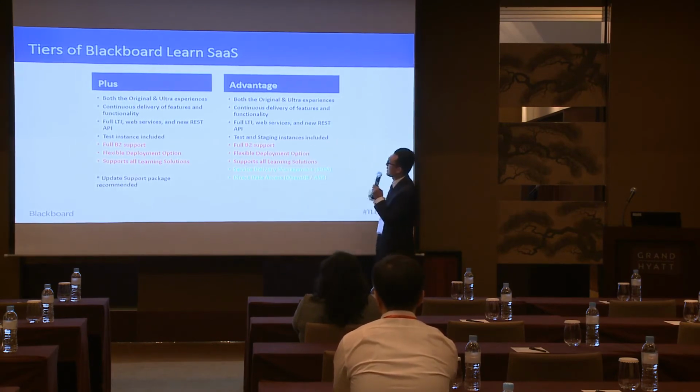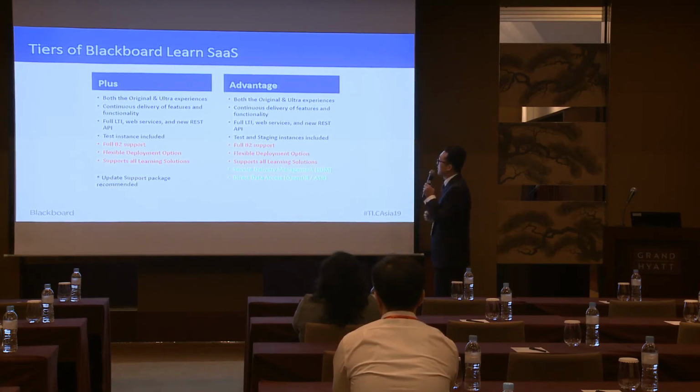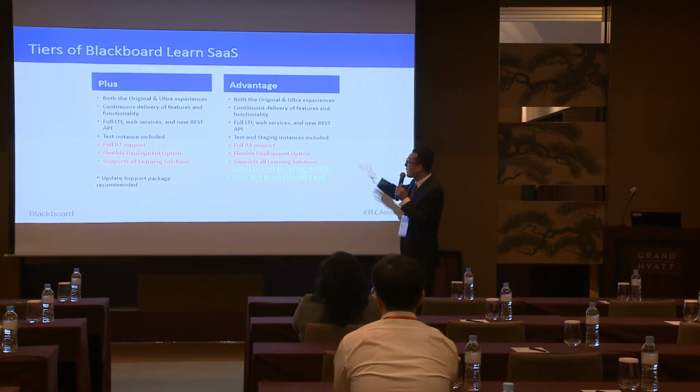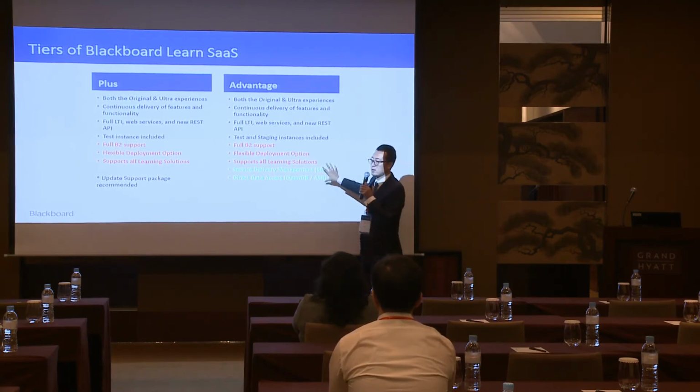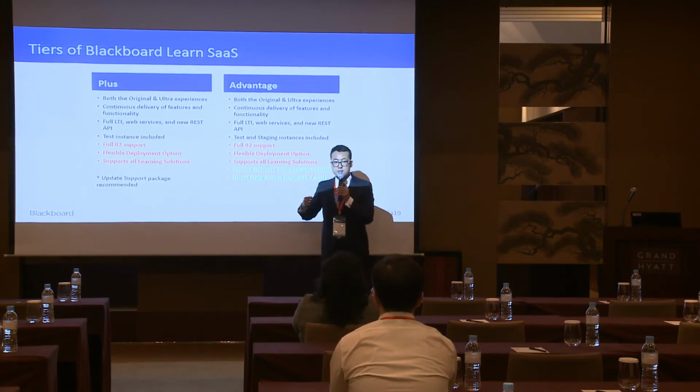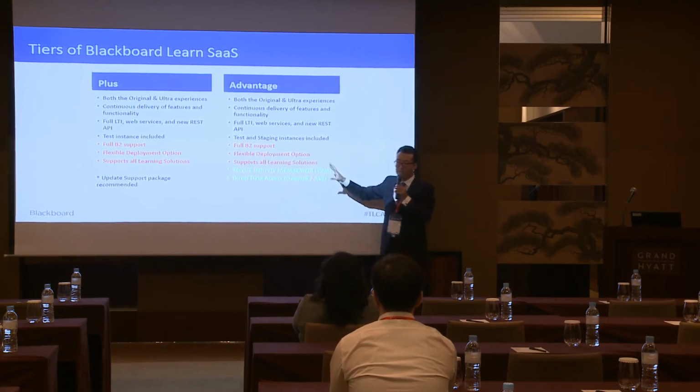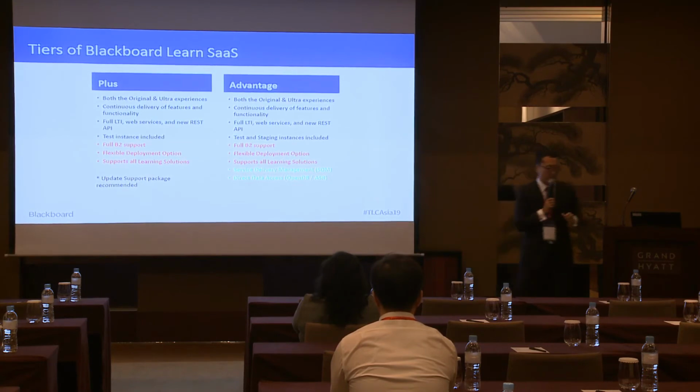You get the test servers, original and Ultra experiences, full LTI, the REST API, everything is the same, right? So these are the two Blackboard Learn SaaS solutions you can choose, based on your requirements. If you want direct data access, to get data directly from your database to run reports and so on, you choose Advantage, right? Otherwise, you can choose Plus. Advantage is a little bit more expensive, so that's the difference.